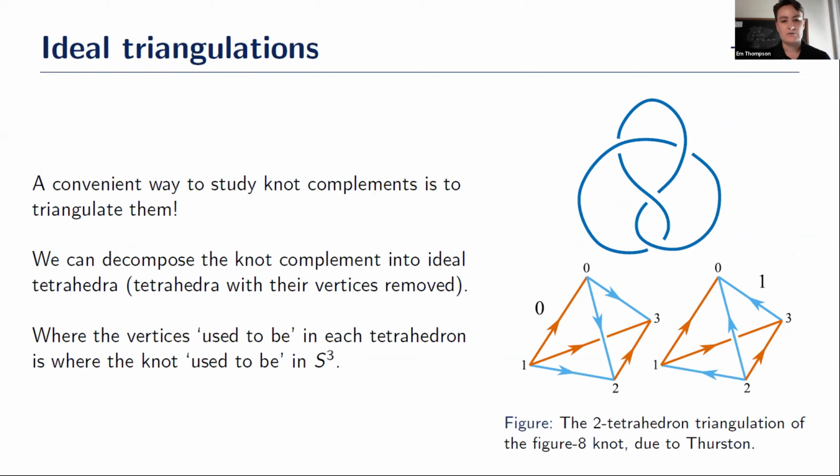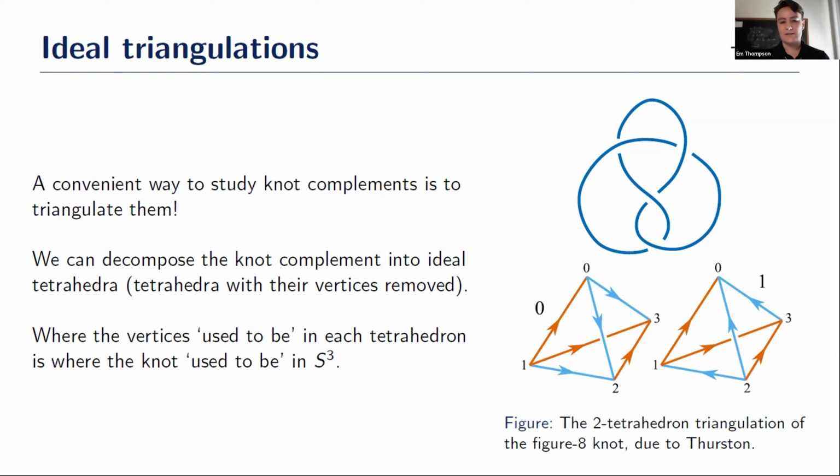So we know we can triangulate knot complements. This is a convenient way to sort of break down the problem into bite-sized pieces. So we do this with an ideal triangulation, meaning that our tetrahedra don't have vertices, or you can also think of those vertices as being sort of infinitely far away.